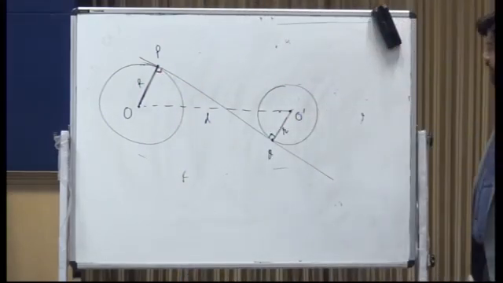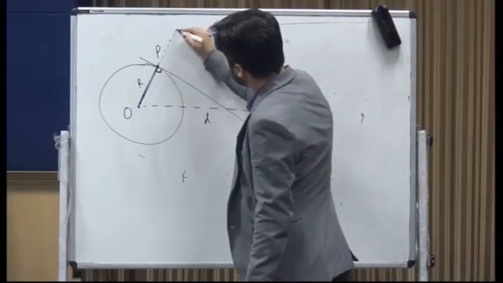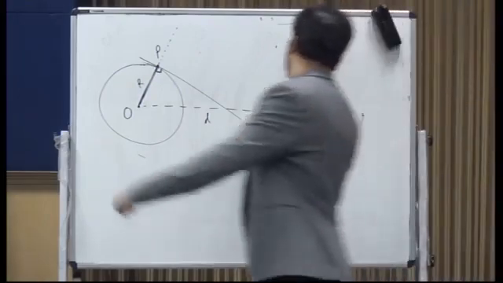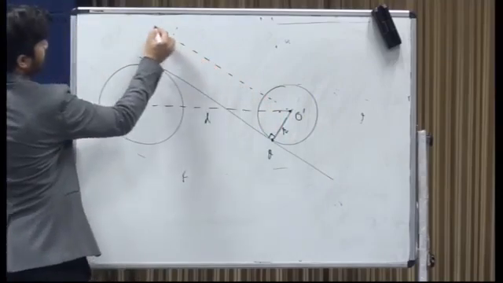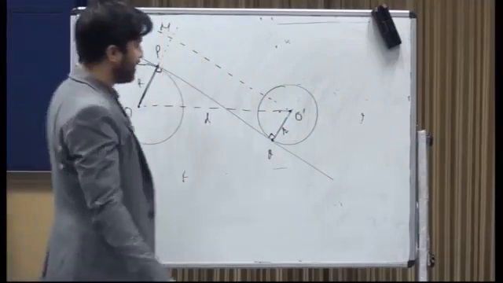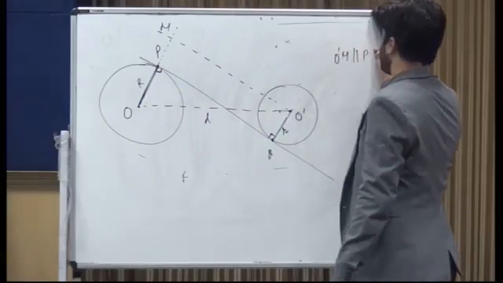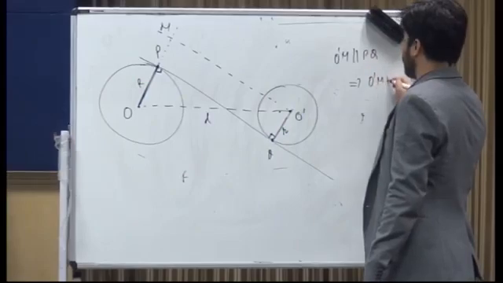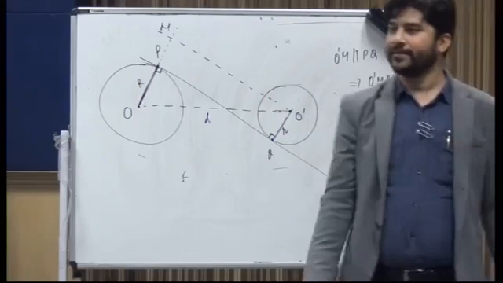Okay. Now I am going to extend it. Extend कर दिया मैंने OP को. And now I am going to draw a line O dash M parallel to PQ, which will tell me that O dash M PQ is a parallelogram, right?